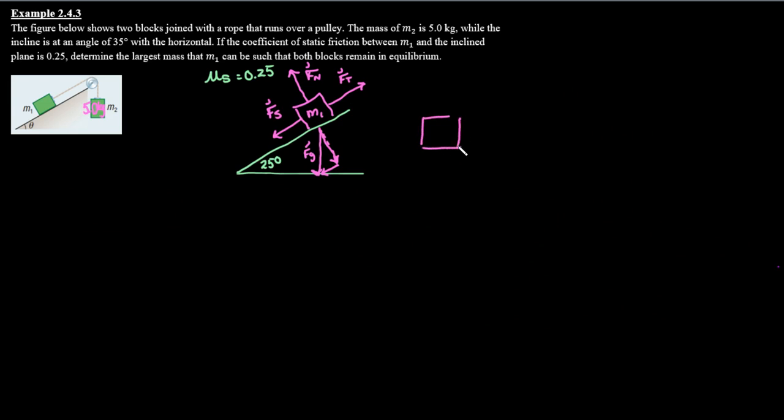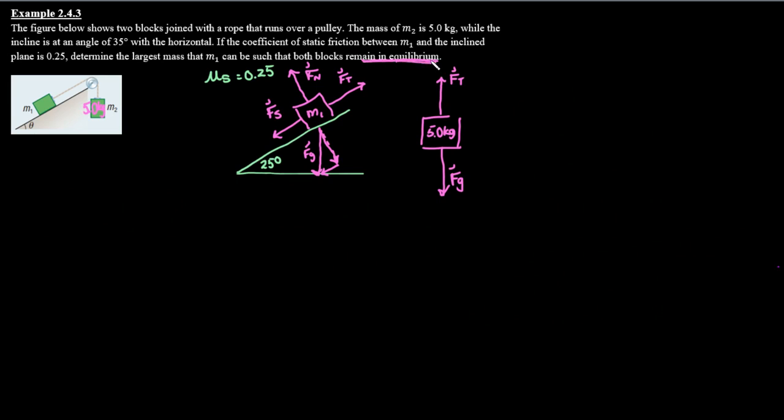We know M2 is 5 kilograms. We know we have force of gravity that's going to act down, and we know we're going to have some force of tension that acts up. Remember, we're looking at this to be in equilibrium.